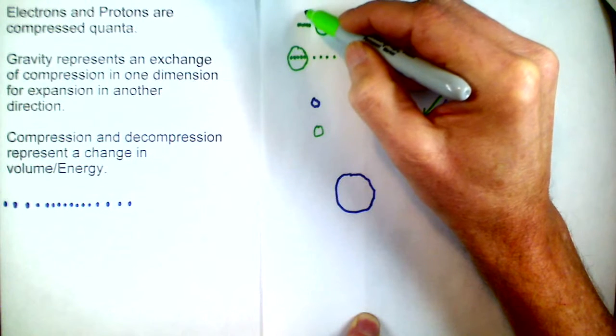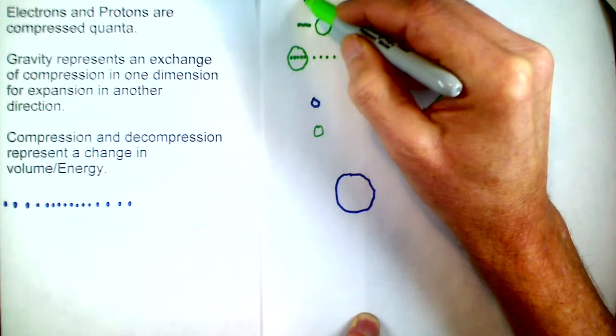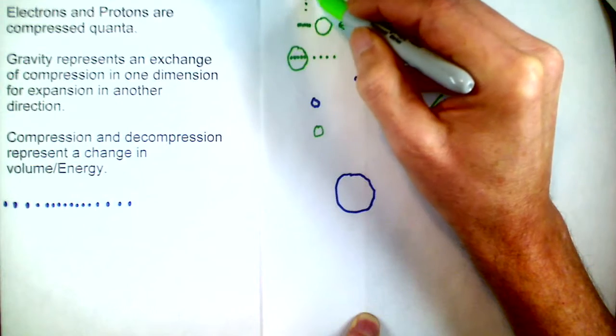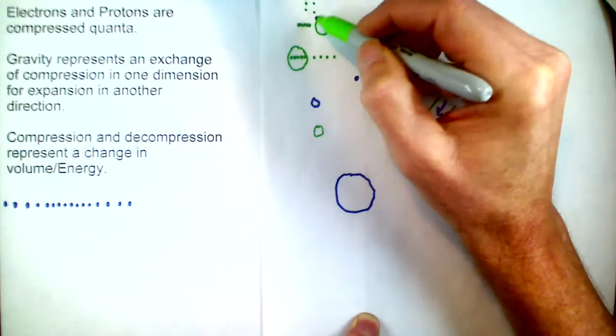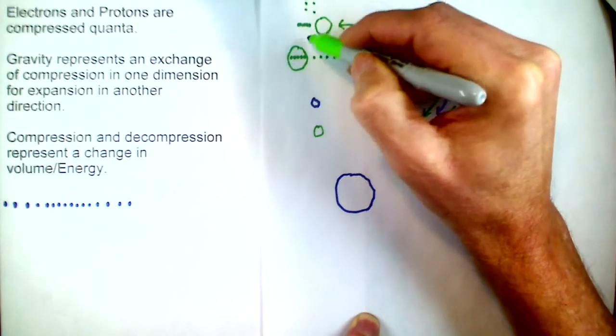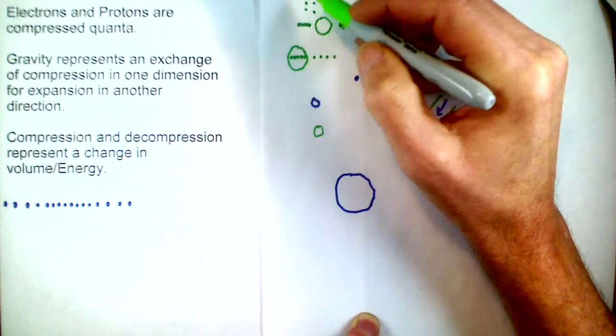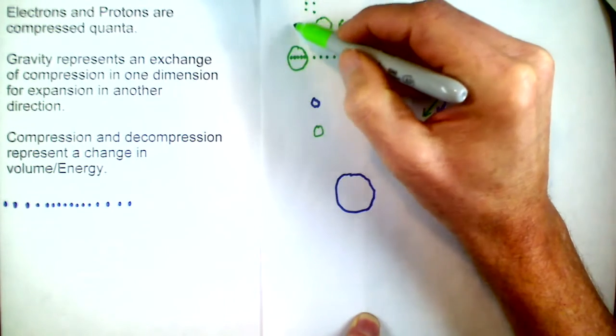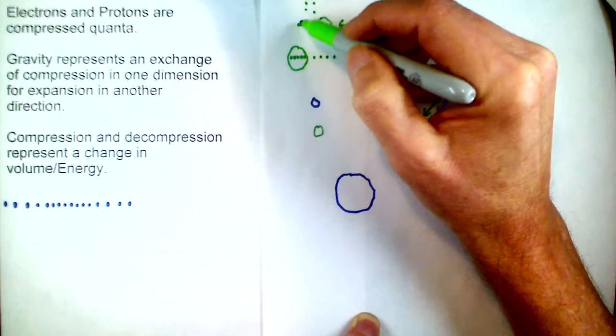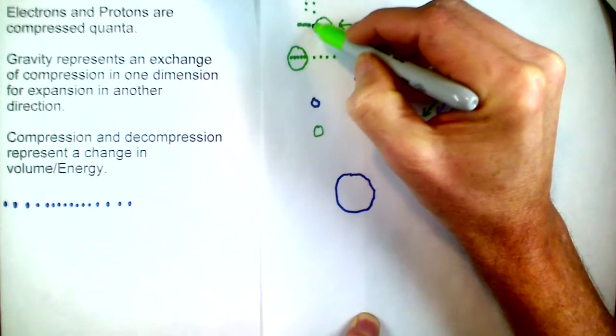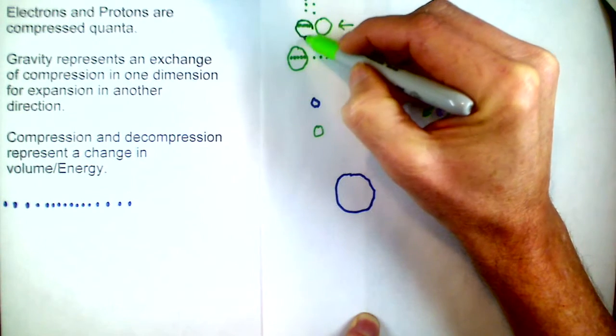And so when that happens, it's compressing the normal field here. So the normal field would look like this, and it adds compression to that, and that would happen in other directions also.